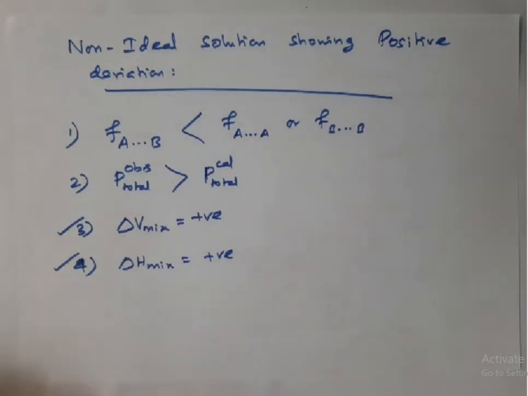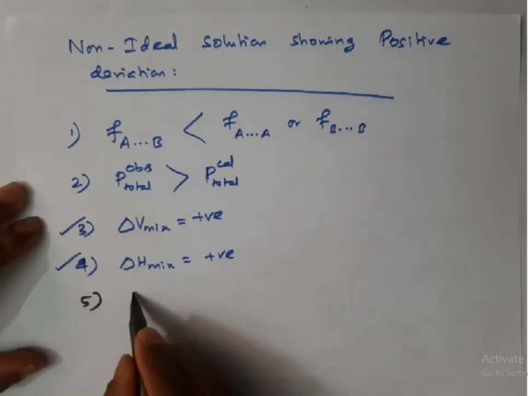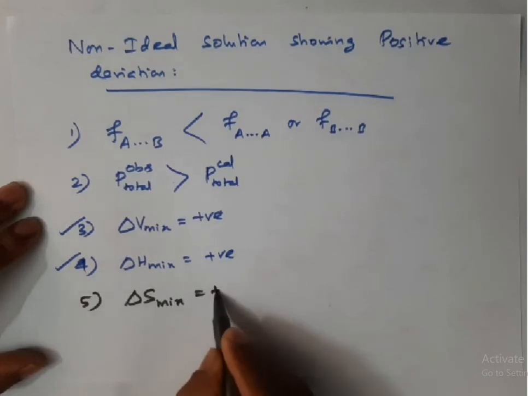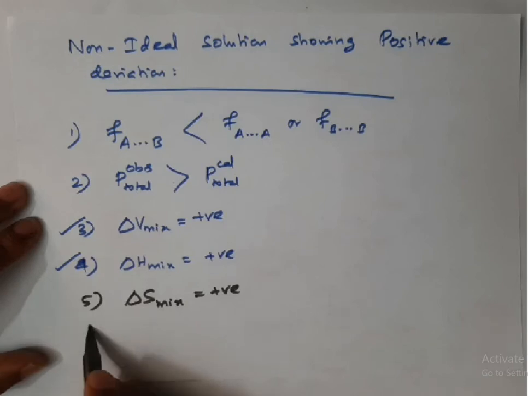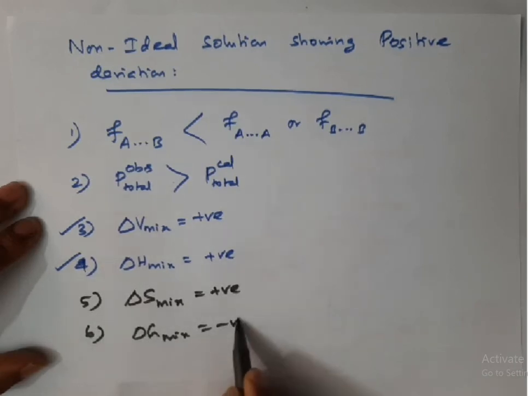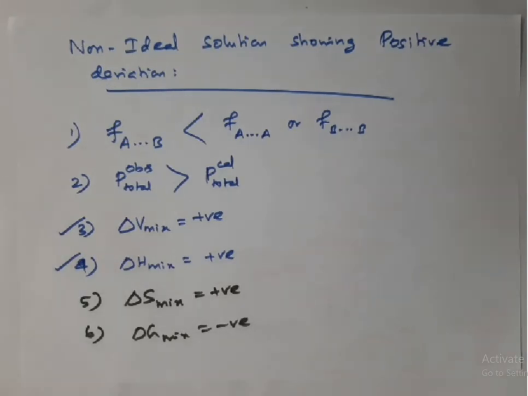Then number 5, delta S mixing is positive. Number 6, delta G mixing is negative, right?